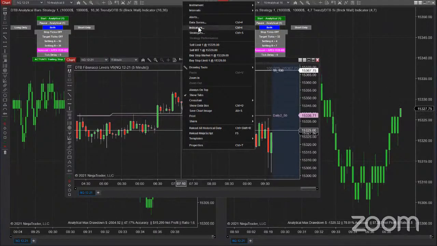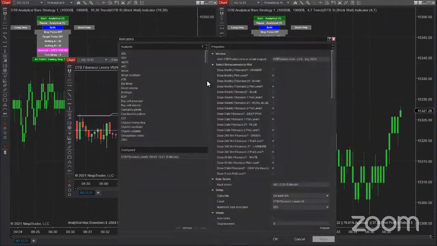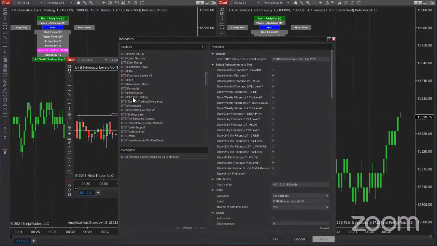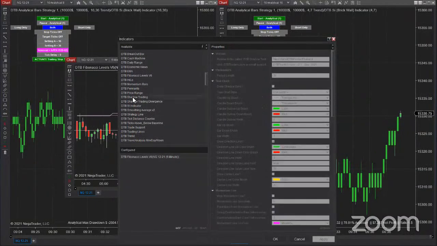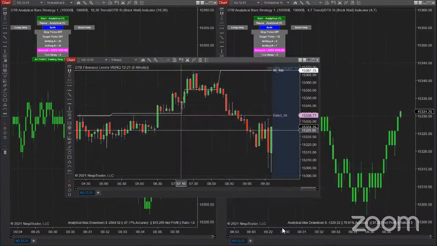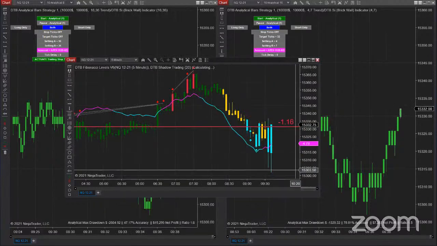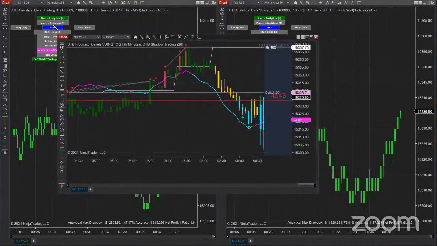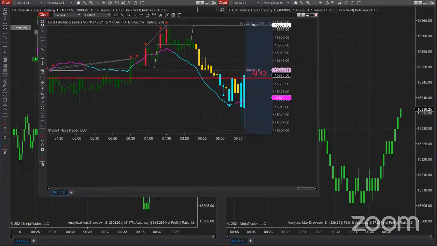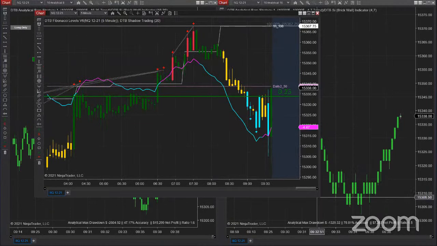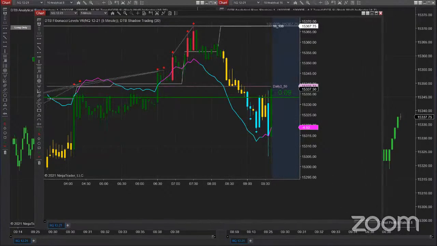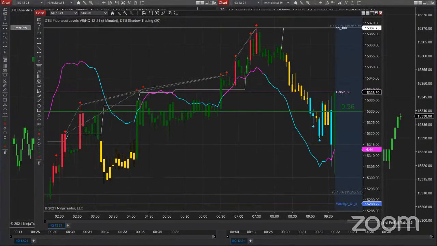Let's have a look at that. I'll just monitor that. If it enters a position, I'll see the lines on the side.